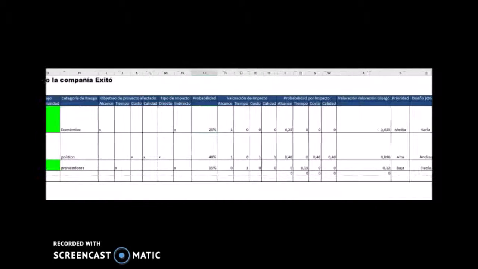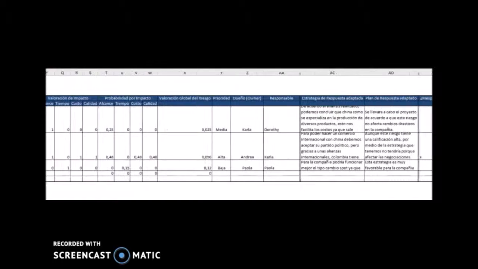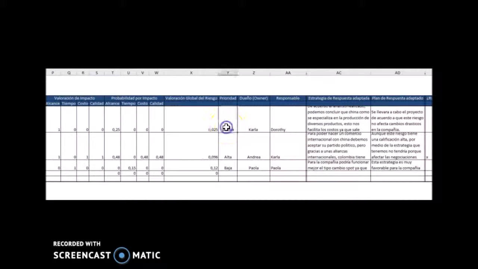What are we going to do to mitigate this risk? Well, this is going to be mid priority for the project.